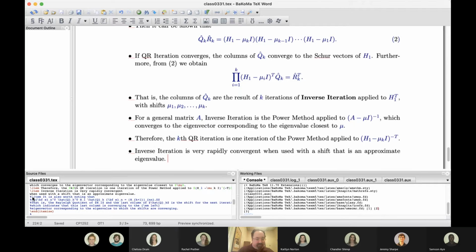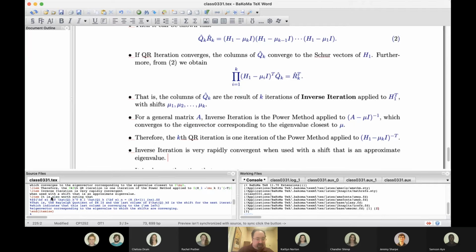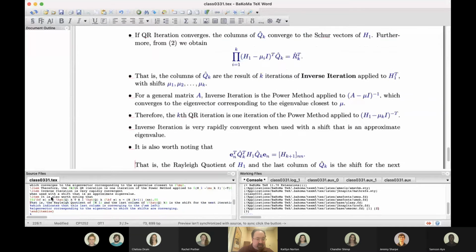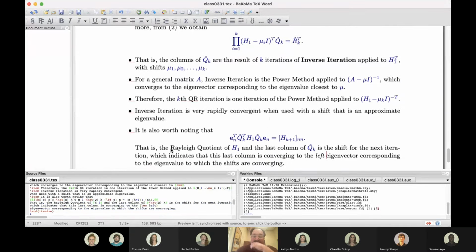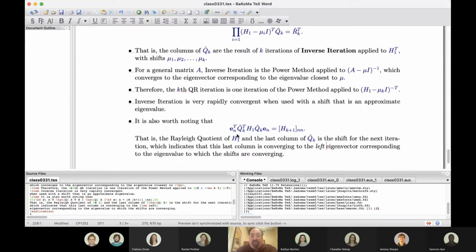Now, I want to point out here that if I look at this matrix, this is what you get after carrying out all those QR iterations. And then by multiplying by e_n transpose on the left and e_n on the right, I'm taking the (n,n) element. And so that's going to be h_(k+1).